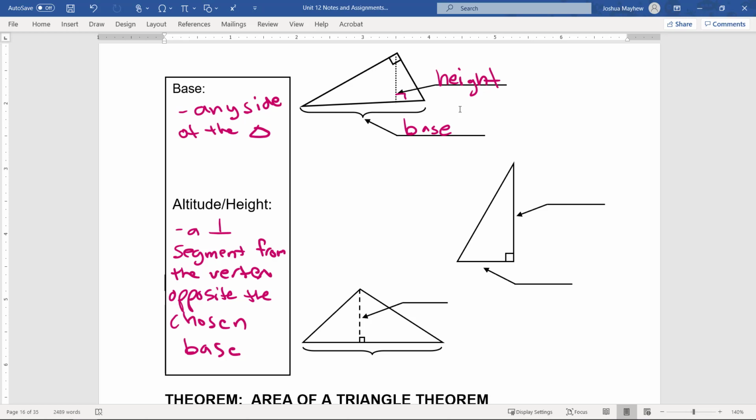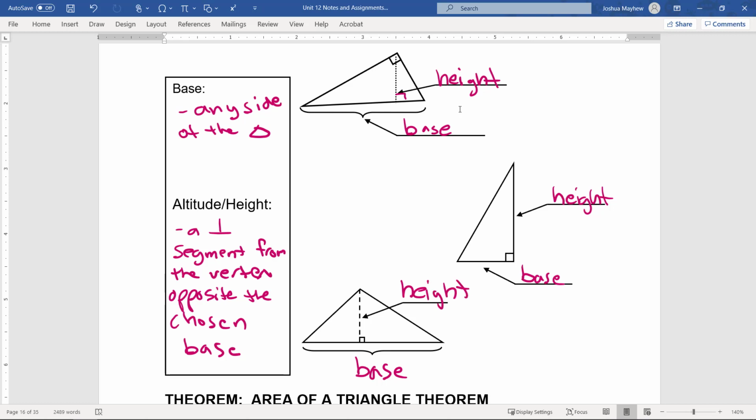This one is the base, and then this is the height. This one looks a little different because it is a right triangle. And then last could look like this. This is the base, and this is the height.